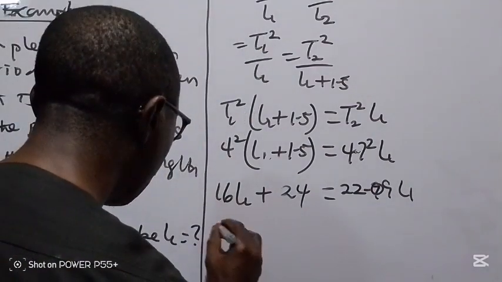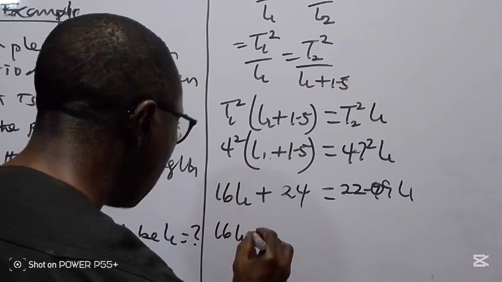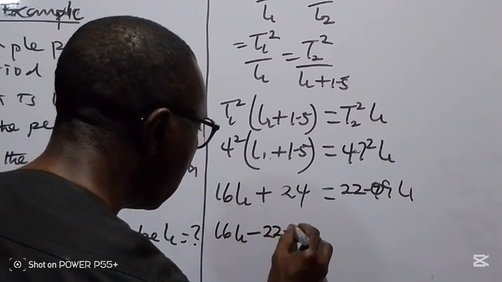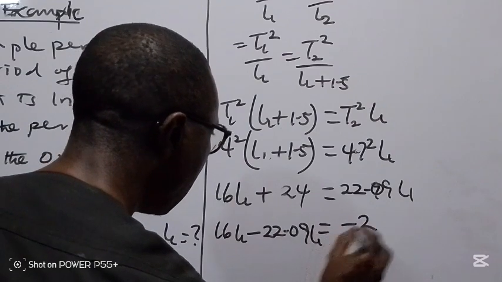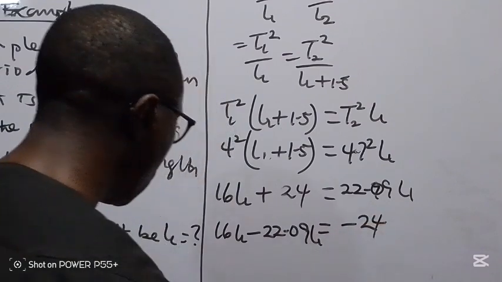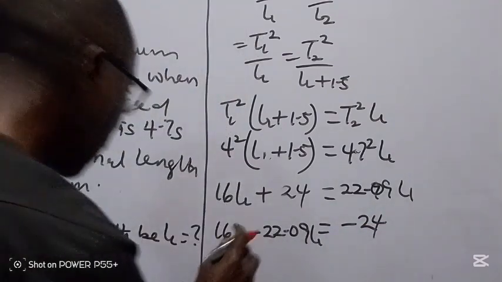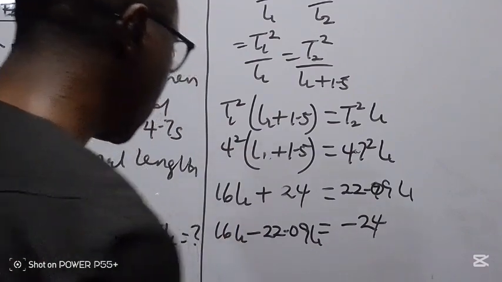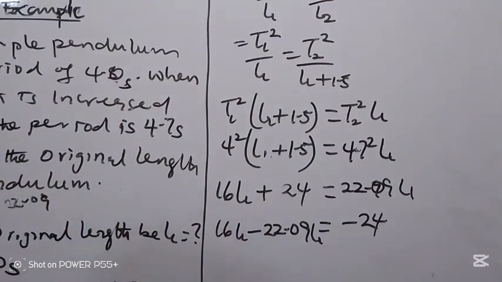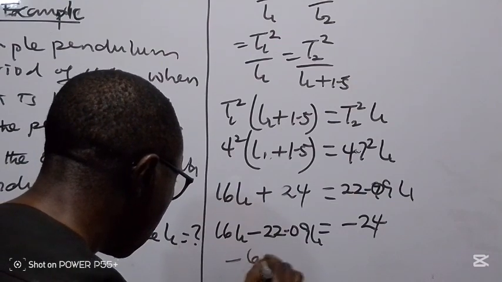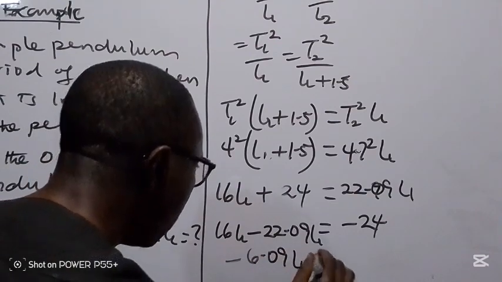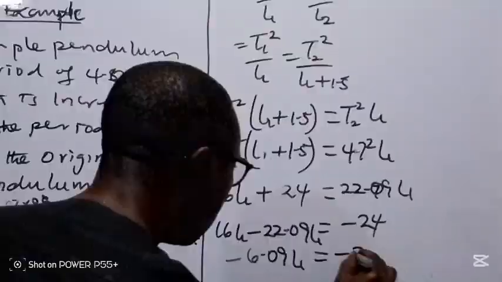Collect the like terms. This one will now give us 16 L1 minus 22.09 L1 equal to minus 24. So subtracting 22.09 L1 from 16 L1 gives us minus 6.09 L1 is equal to minus 24.